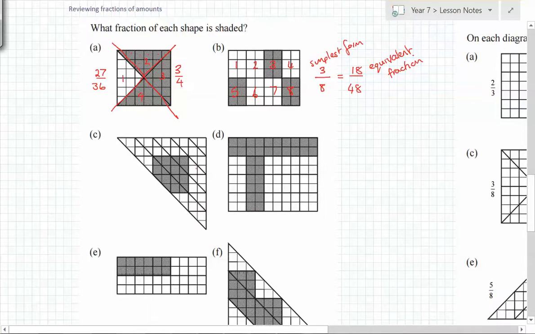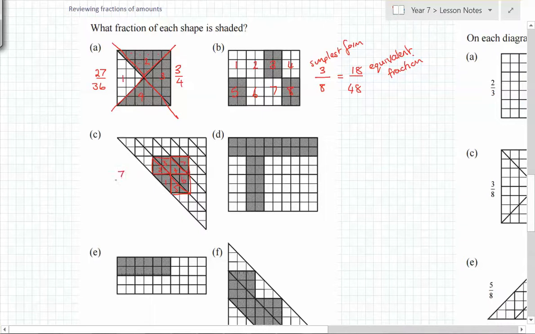This one then. That's more harder. Yeah. So we look at what it's been broken up into, and we think, oh, maybe it's squares, but we've got one here. So actually what we've got is 1 triangle, and then 2, 3, 4, 5, 6, 7.